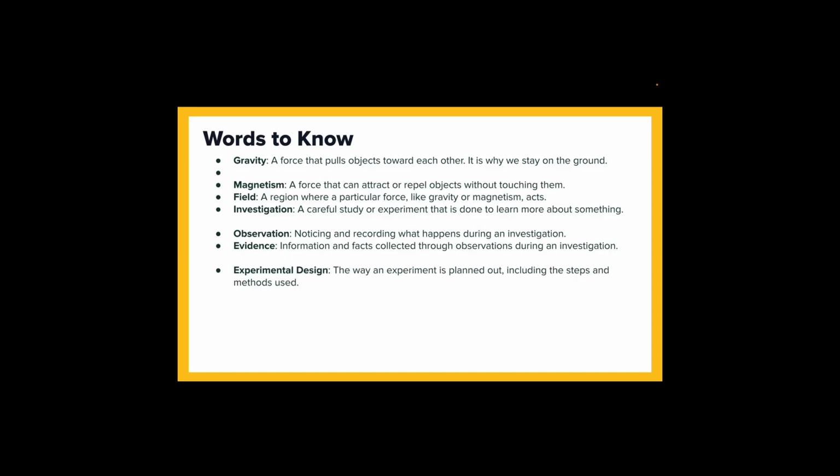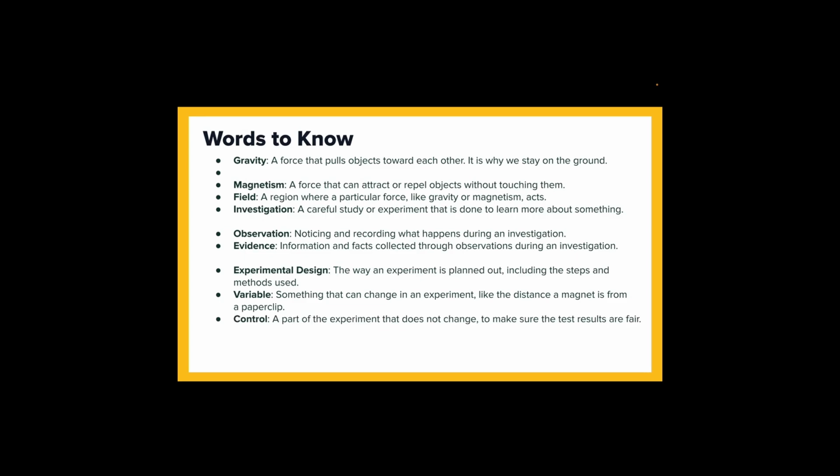Experimental design, the way an experiment is planned out. This includes the steps and the methods used in that experiment. Variable, something that can change in an experiment, like the distance a magnet is from a paperclip. Control, a part of the experiment that does not change. This makes sure that the test results are fair and repeatable.